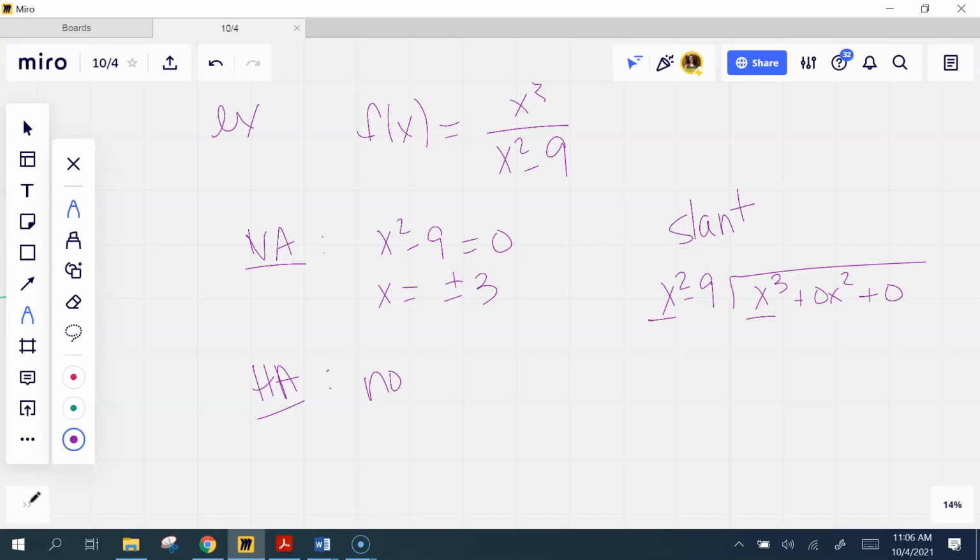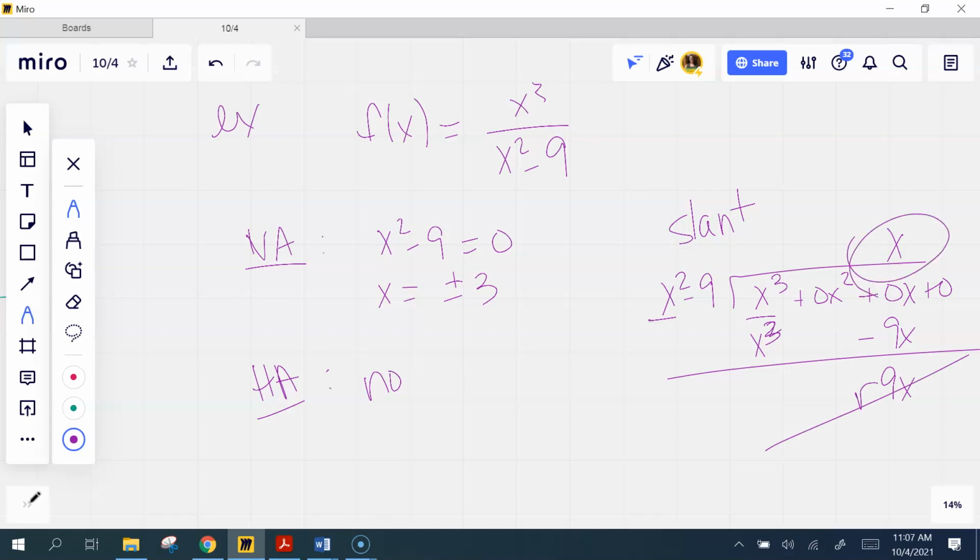X squared times what gives me x to the third? X. Minus 9x. This is my remainder. Do you agree? That is not even relevant.